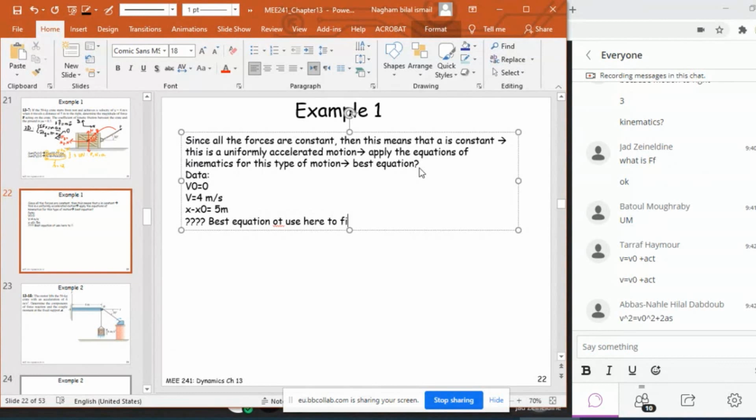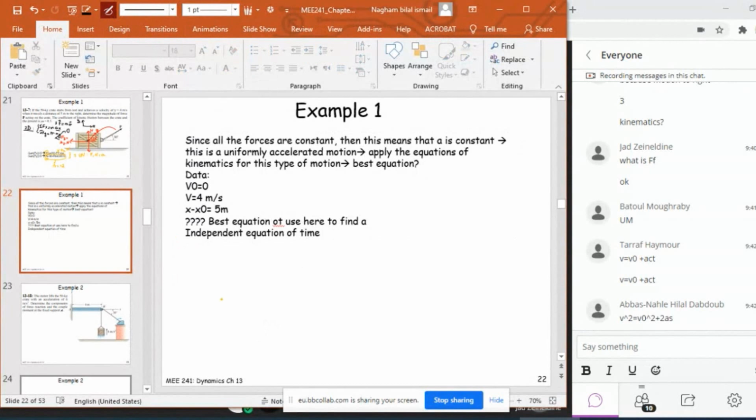It is V squared equals V0 squared plus 2AS, which is the equation independent of time, right? So this is the equation that I should use. Remember, V squared minus V0 squared is equal to 2a times x minus x0.